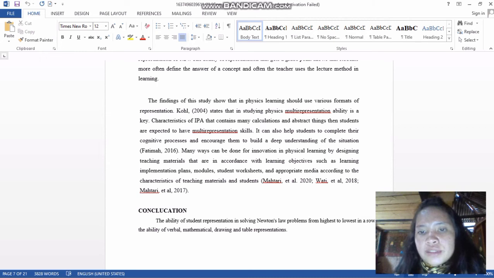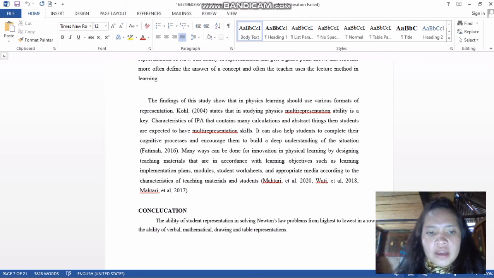It can also help students to complete their cognitive process and encourage them to build a deep understanding of the subject. Many ways can be done for innovation in physics learning by designing teaching materials that are in accordance with learning objectives, such as learning implementation plans, modules, student worksheets, and appropriate media according to the characteristics of the teaching material and students.